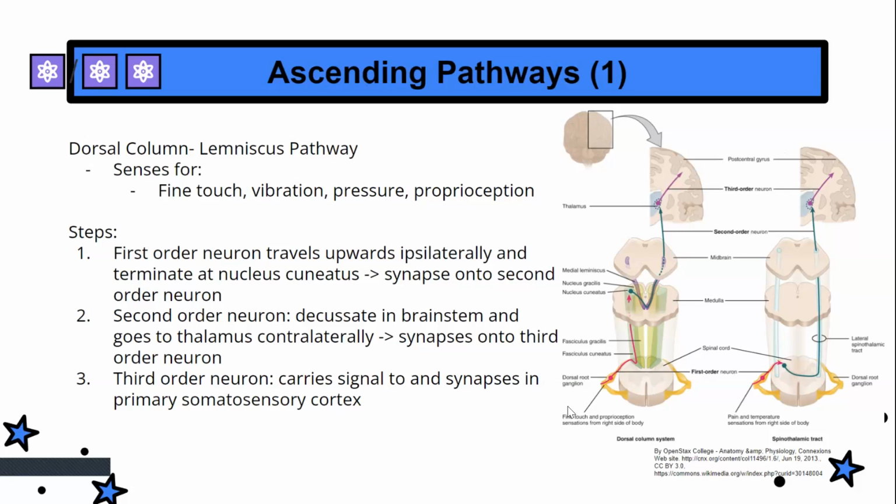So the signal comes in from the right-hand side, but I have damage on the left-hand side above the decussation. So my loss of sensation won't be on the left-hand side, it will be on the right-hand side. That's something you need to understand. Whereas if I damage it below the decussation point, I'm going to have the damage on the same side. Okay? All right.